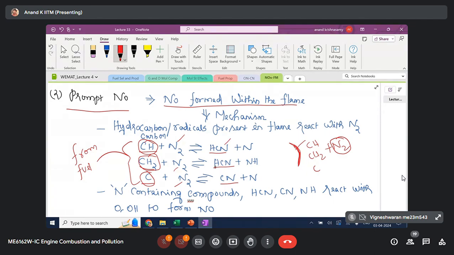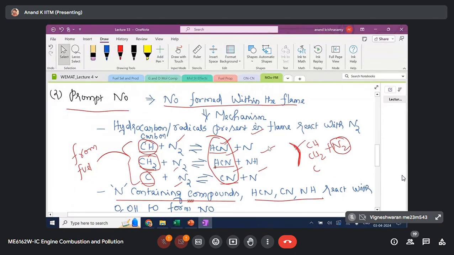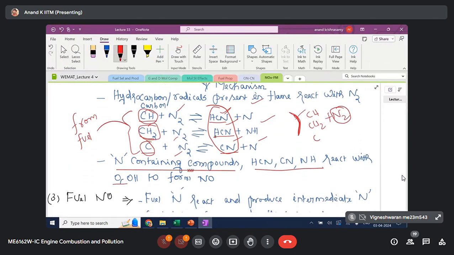Okay, when CH and N2, for example, these two react, it is going to form HCN plus N. CH2 with N2 reacts to form HCN and NH. C and N2 form CN and N. So these are some nitrogen containing intermediate compounds. This nitrogen containing intermediate compound is going to oxidize with O and OH.